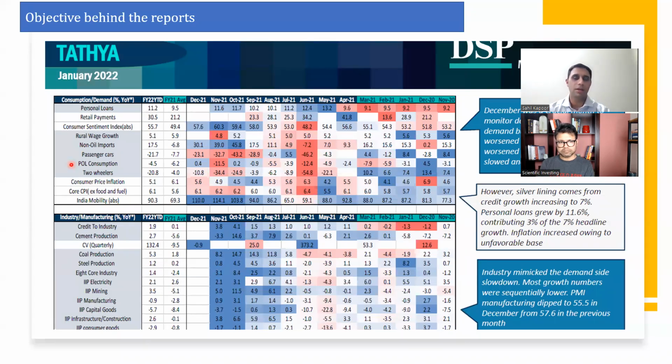Again, a large amount of India's consumption plays out through imports. So if you remove oil effects, because you've already taken the effects of fuel in POL, you get a very good sense of how domestic demand is panning out, right? And third, another very, very important indicator is personal loans.